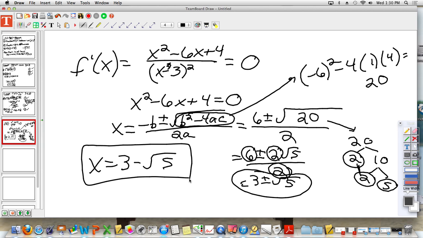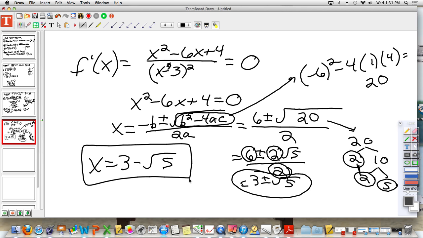That is the value on that graph that is going to give you a slope of 0. A horizontal line, yes. I did 3 plus the square root of 5, and it got me some number that didn't fall within my negative 2, 2 interval.